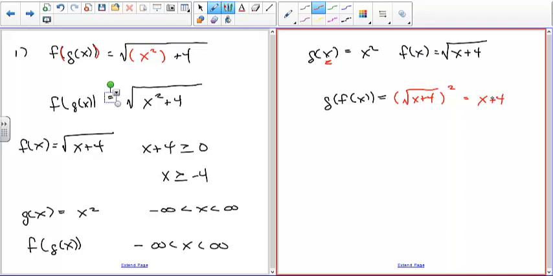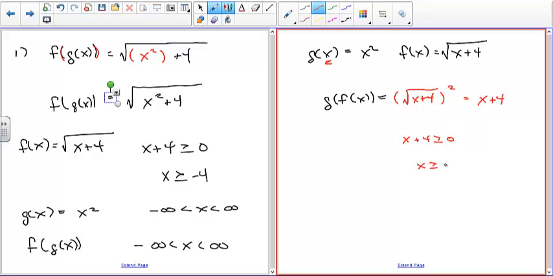Now the danger is after you've simplified it, you would say the domain for this is all real numbers, but really we have to have it in the form before we simplify it. So you can see that before you simplify it, you cannot have x less than -4, or x plus 4 has to still be greater than or equal to 0.